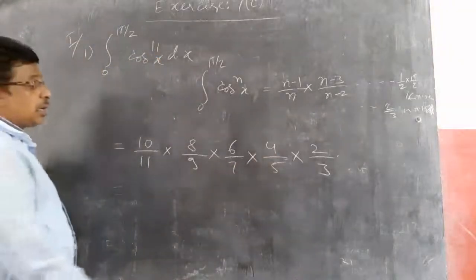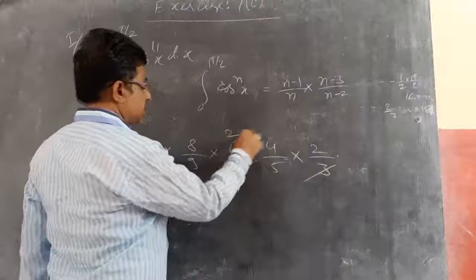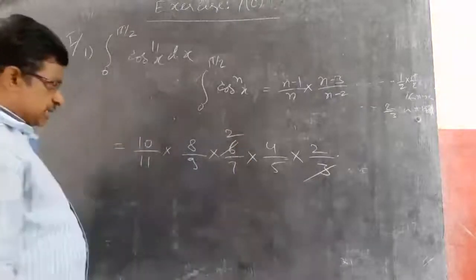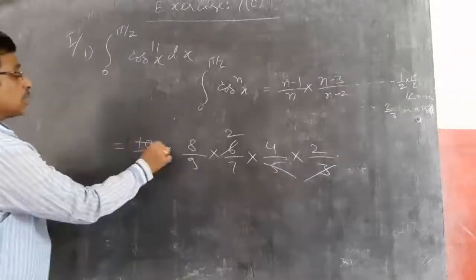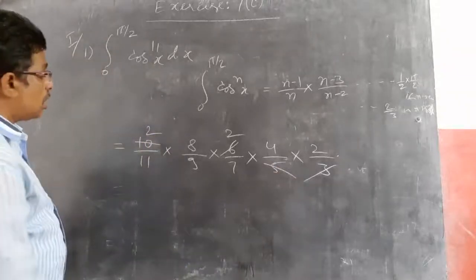Simple logic. Now simplify. 3 2s are 6. Any more cancellation? If you can, you do it. Yes, 5 2s are 10. Any more? I don't think so.